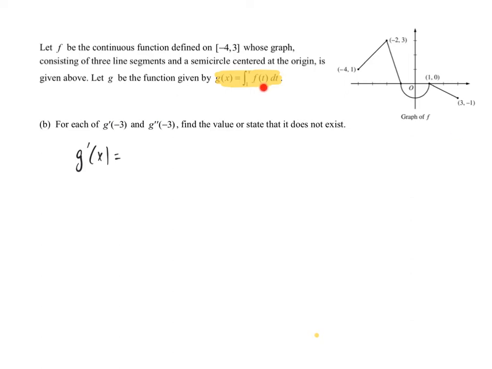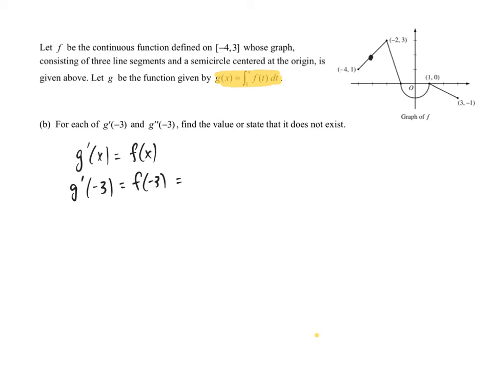Replace this t with the upper bound, which is x. That's going to give us f of x, and then multiply by the derivative of the upper bound, which would just be 1. And so that means that g prime of x is f of x, and so g prime of -3 is equal to f of -3, and that's going to be represented by the y-coordinate on the graph of f at x equals -3, which would be right here.